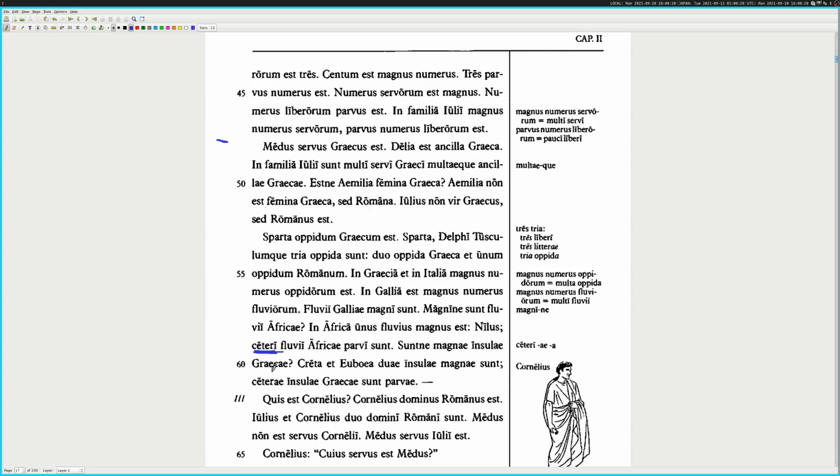Creta and Euboea are 2 islands that are big. Ceterae insulae. Cetera must mean the rest. That would make sense. In Africa there is one big river, the Nile. The rest of the rivers in Africa are small. That makes sense. Okay. I'd have to go check a map, but I think by Africa they mean the northern coast. Okay.